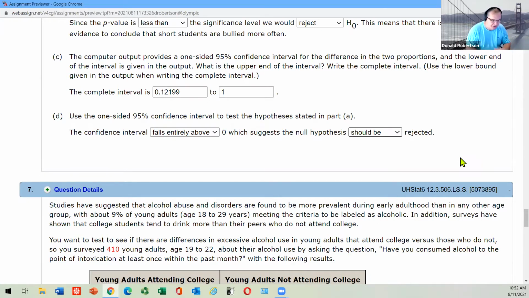But if it contained 0, that was no evidence. That's essentially what is happening here. Would you agree that all these guys are positive, right? They all are above 0, and that's equivalent to saying we should reject it, right? We go with that. If the interval contained negatives, we would go somewhere else.